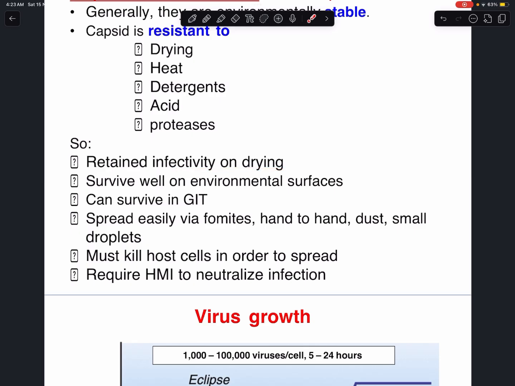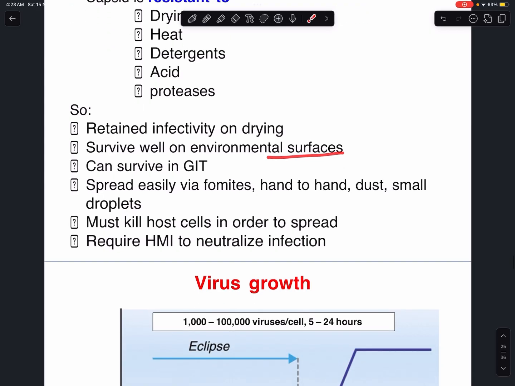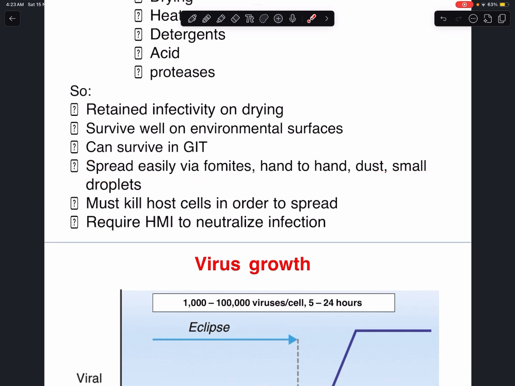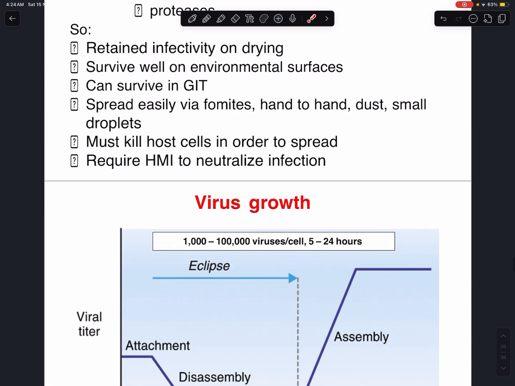Survive well on environmental surfaces. Can survive in the GIT. So, surfaces like a table, like skin, it's okay. It can be spread easily via vomit, hand to hand, dust, small droplets, everything. Must kill the host cell in order to spread. Require only humoral immunity to neutralize infection.